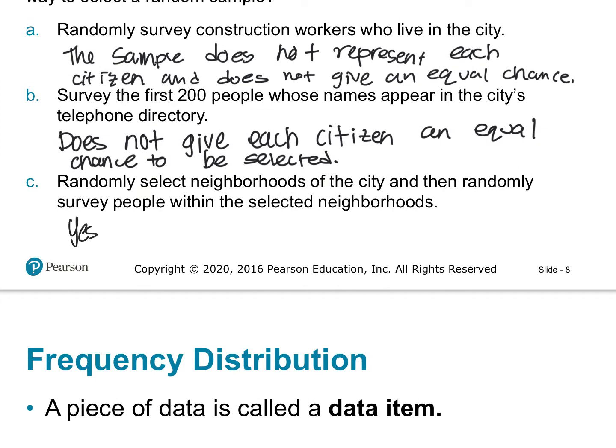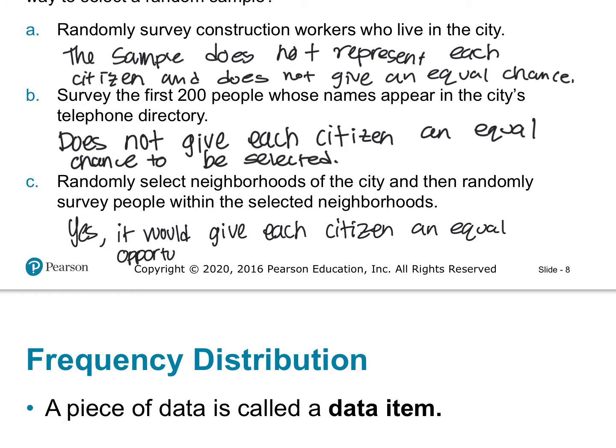So yes, it would give each citizen an equal opportunity to be selected.